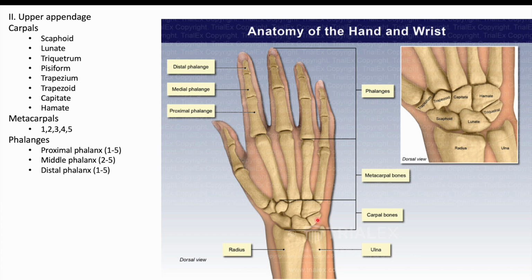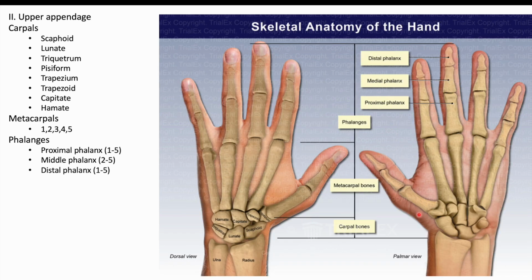triquetrum right here. The triquetrum is actually pretty unique because there's another bone that extends from the triquetrum, which is called the pisiform bone. But the pisiform bone is more visible from the palmar view. So if I show you the image of the bone in the palmar view, you can see that right here, this is the pisiform bone.